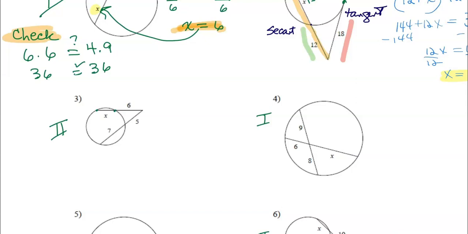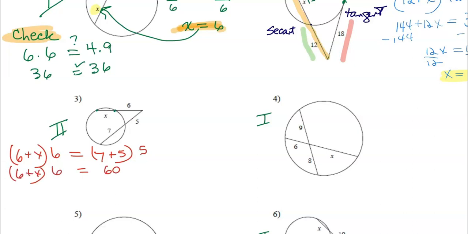The entire secant line times the outside has to equal the entire secant line, so 7 plus 5, times the outside. Okay, so let's clean things up. 7 plus 5, that is 12, and 12 times 5 is 60. So this is 60. This is 6 plus x times 6.